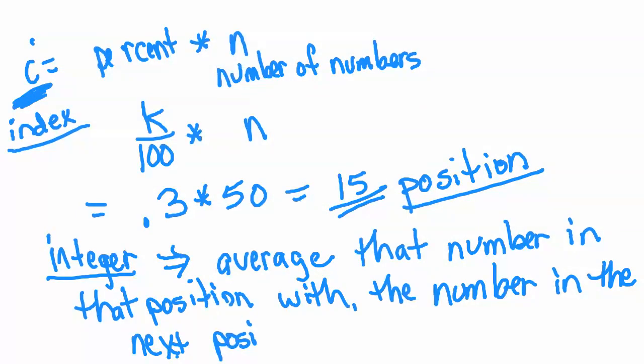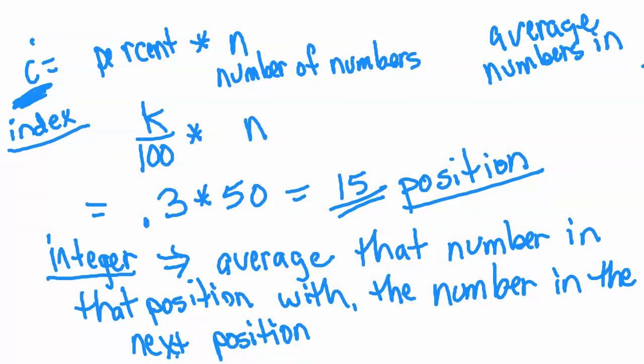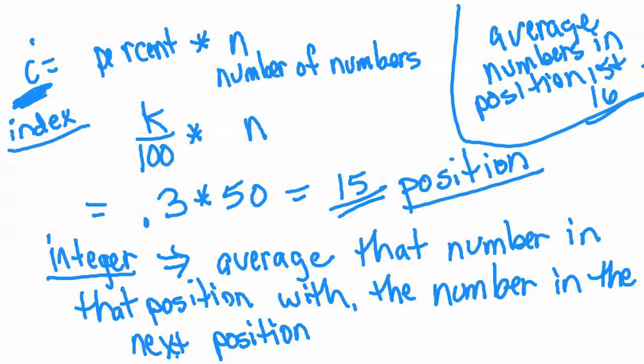So in this case, it's telling us that we have to average the numbers in position 15 and 16. And that will give us our 30th percentile, that 30% of the numbers are below or including that number.